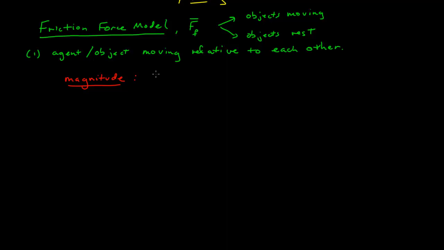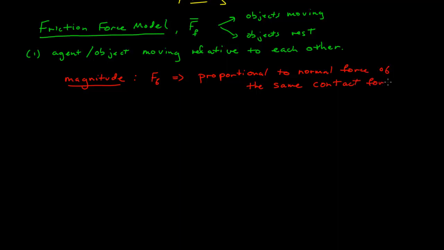again, as we said before, is the component of the contact force parallel to the surface of the object. It has some magnitude, F sub f, that is without the vector sign. But we're also going to say in our frictional force model that it's proportional to the normal force of the same contact force.